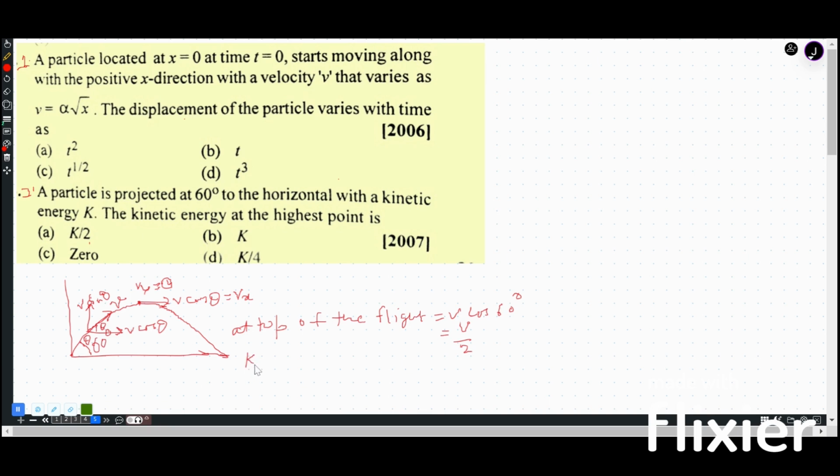So on top we have a velocity of v by 2. The kinetic energy on top of the flight, or K dash, will be half m (v by 2) whole square, which is 1 by 2 into m into v square by 4, which is 1 by 8 mv square, which is 1/4 of K. So K by 4 is the right option for this question.